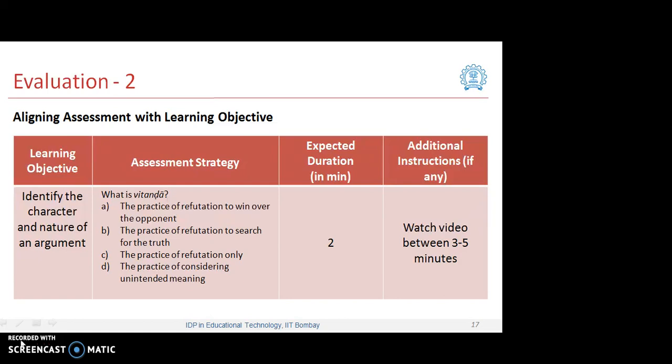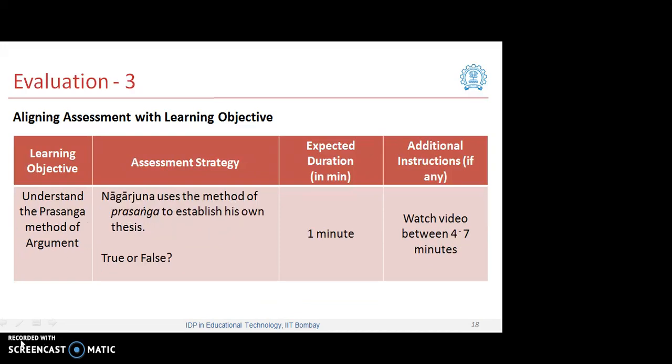Here you find in option C the practice of refutation only. So there is no other purpose in Vitanda. Only purpose of Vitanda is to refute others' position. And we have seen that Prasanga is not meant for the refutation only. It has some other purpose. So if you have been able to make it correct, good. Otherwise, you try to understand it in that way.